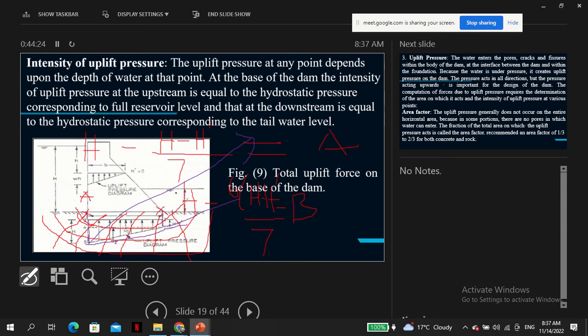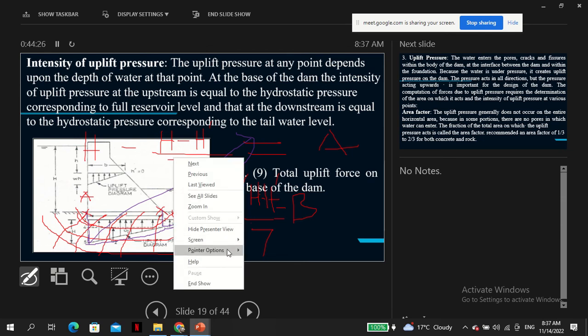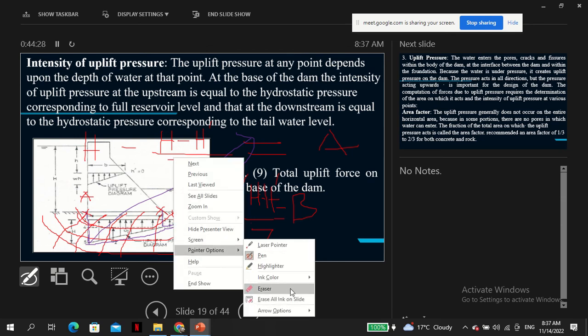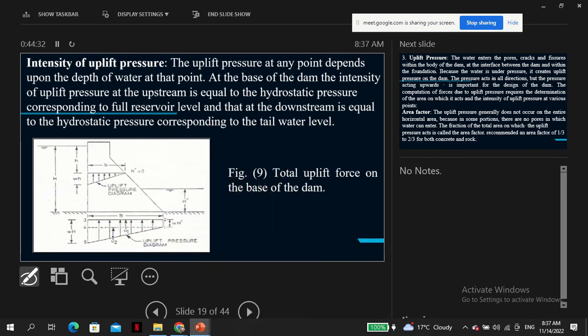That would be your uplift force. If you want to know where it's acting, you divide this into a rectangular section, where the uplift force acts at the center, B over 2, and a triangular section, where it acts at a third from one of the edges.